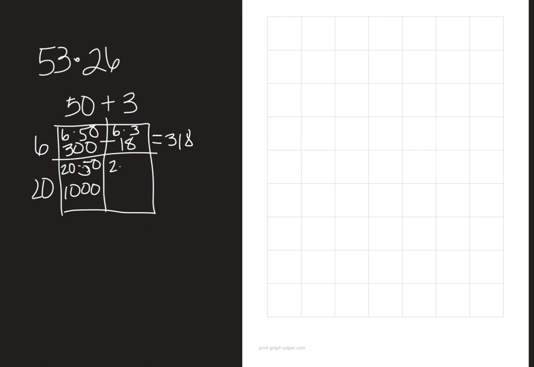And then we have 20 times 3. 2 times 3 is 6, and add that 0. That's going to be 60. And so this is going to equal 1,060.